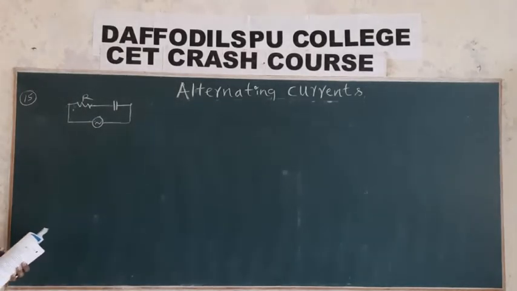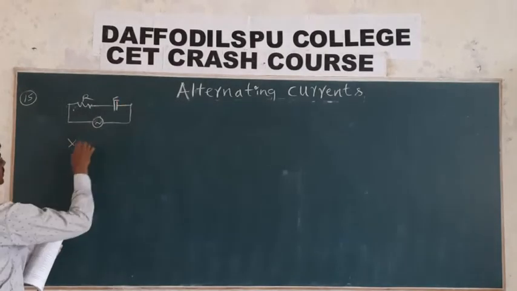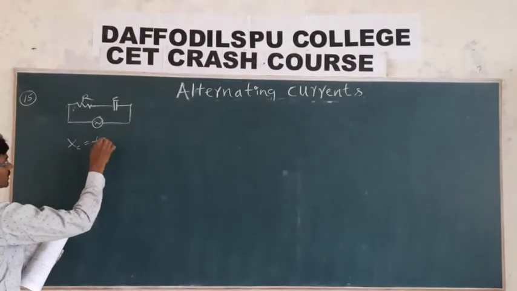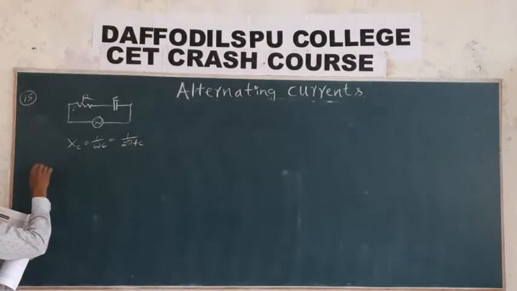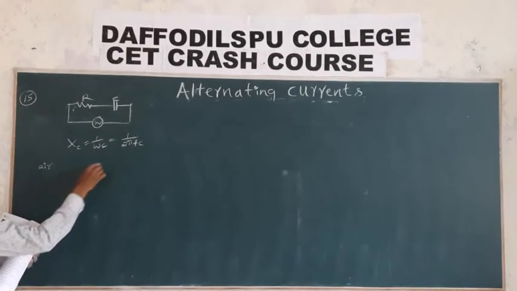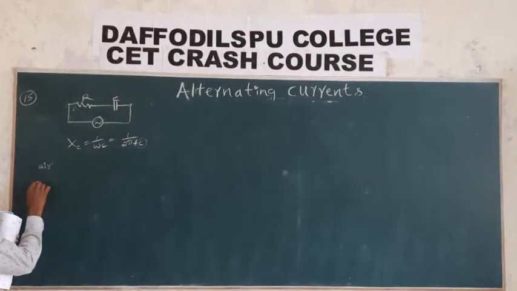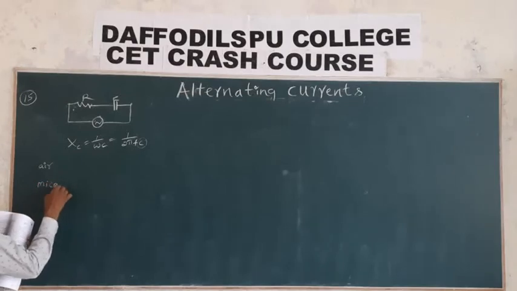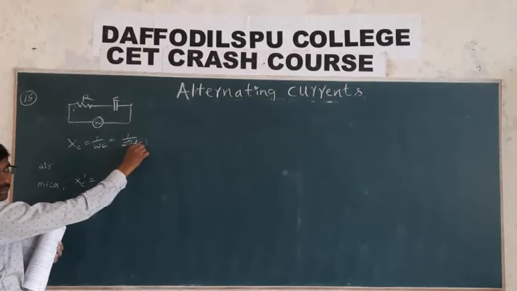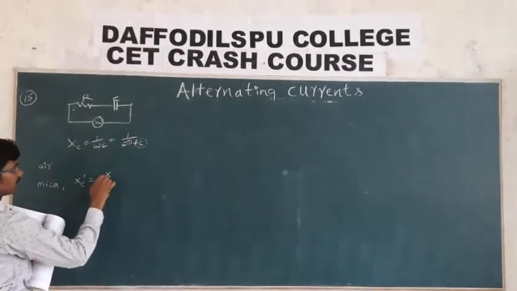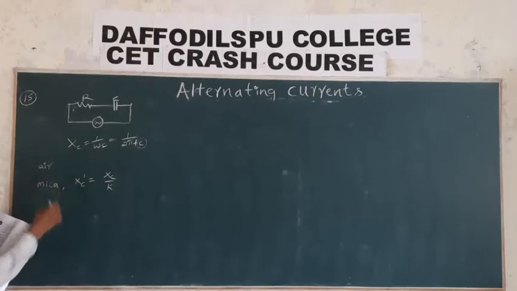First, what is the capacitive reactance? Xc is equal to 1 by omega C, so 1 by 2 pi f C. Now remember, when air filled the capacitance is C, but when mica filled, what is Xc dash? Xc dash is equal to 1 by K into C, K being the dielectric constant of mica. Then Xc dash is Xc by K, so Xc dash is less. We need to calculate the voltage across the capacitor.